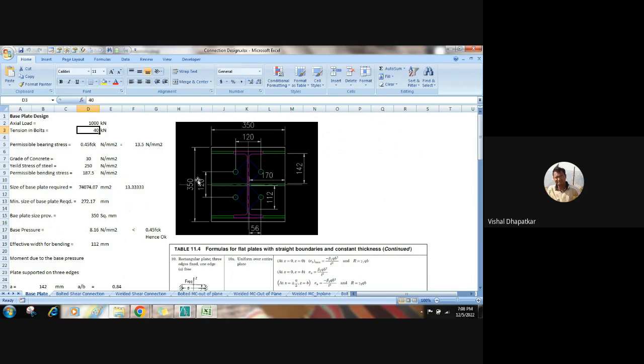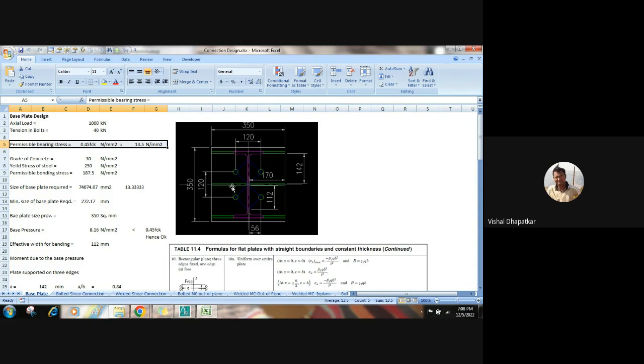There are two criteria to select the size of the base plate, right? One is based on the area required to transfer the total compression to the concrete pedestal, and second is based on the section size available or section size used. The first criterion is to transfer the total compression force onto the concrete pedestal.